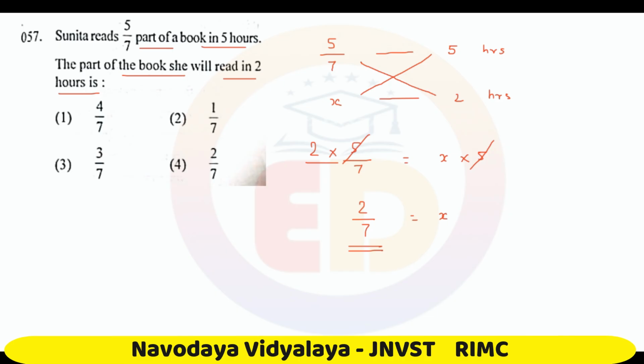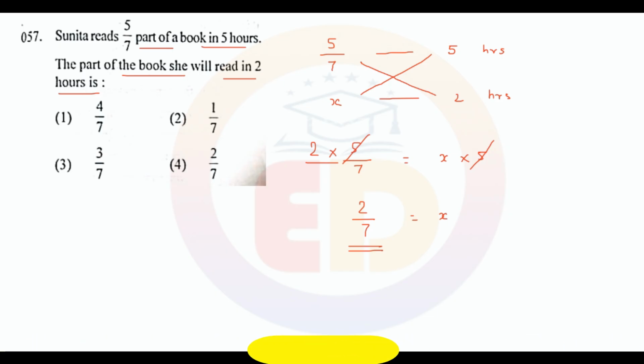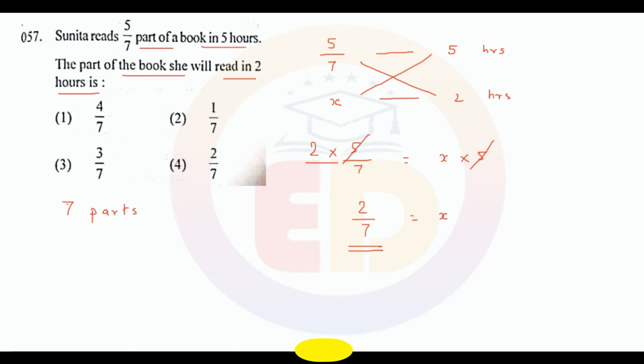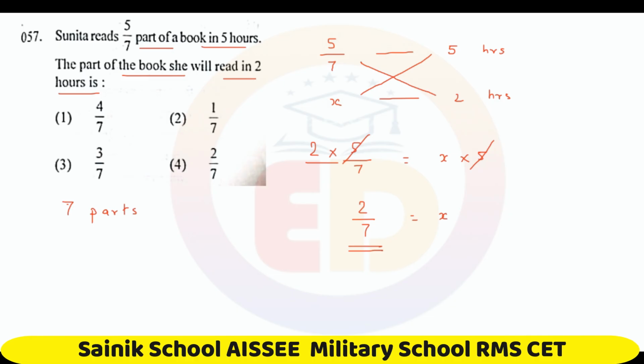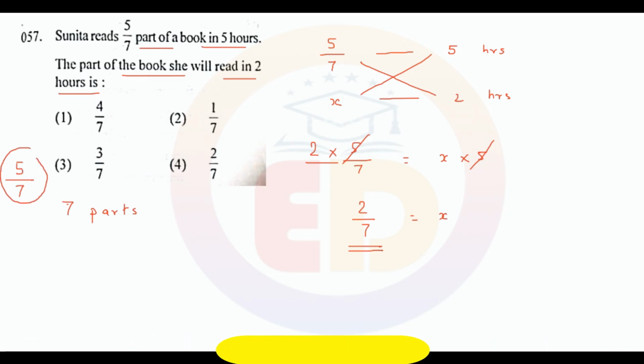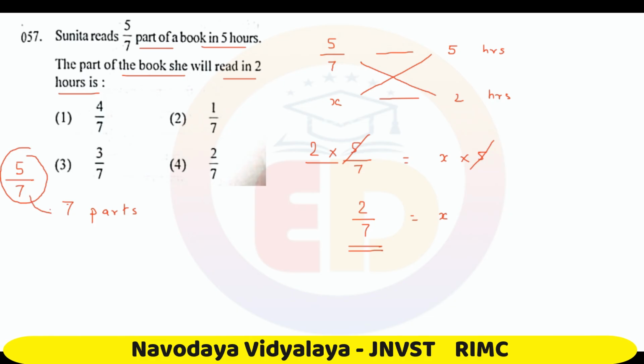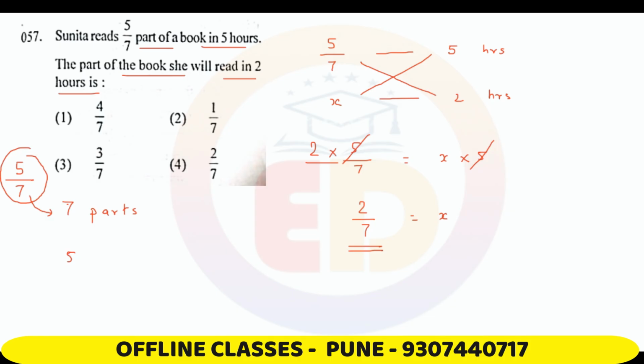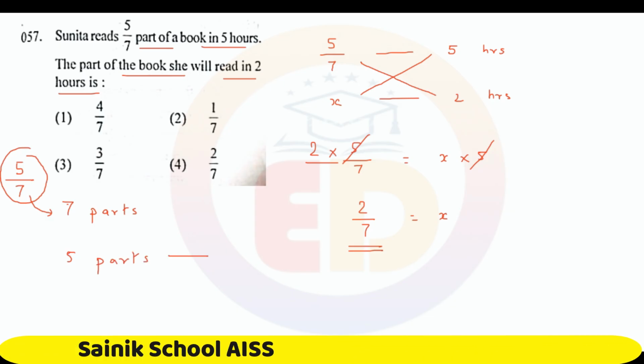Another easy way of doing this question is, let us assume the book has 7 parts, since 7 is the denominator. Out of the 7 parts, she is reading 5 parts in 5 hours.